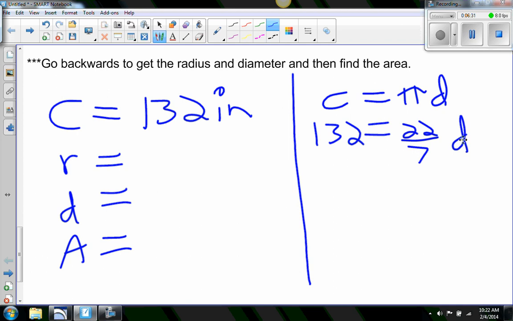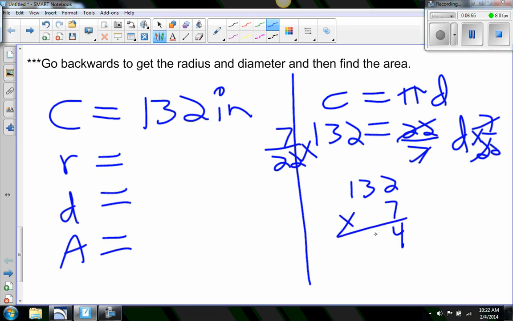Okay, well, I have to get rid of this 22/7 so that I have the d by itself. I can't divide fractions, right? So instead I have to multiply by the reciprocal of it, so the 7s and the 22s will cancel. Well, then I need to do the same thing over here. So I have to take 132 times 7. 924.